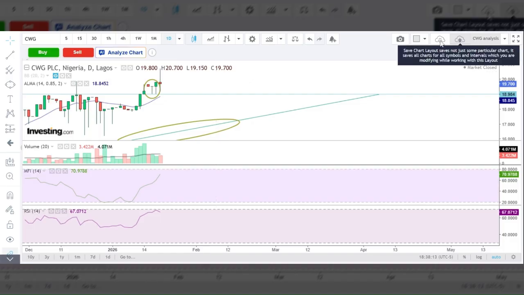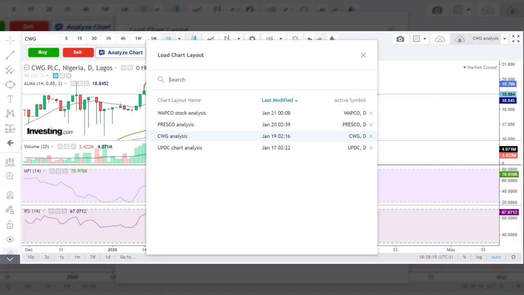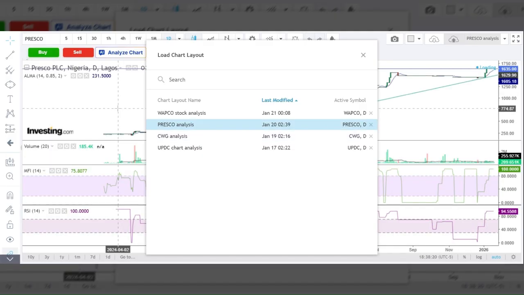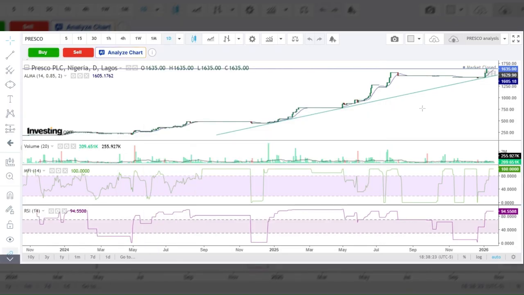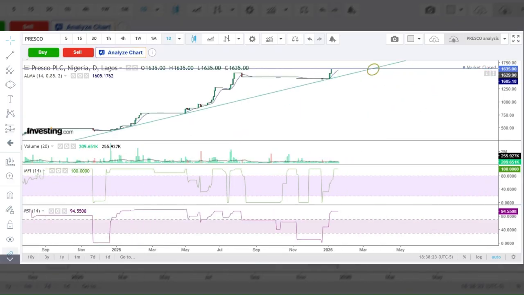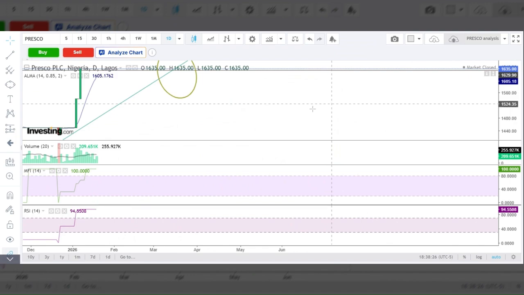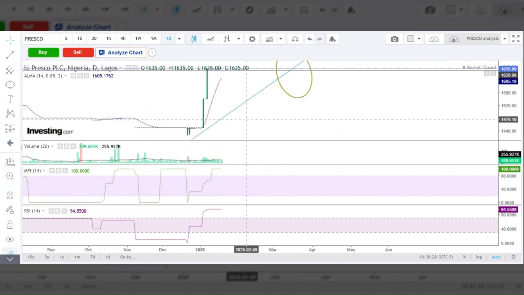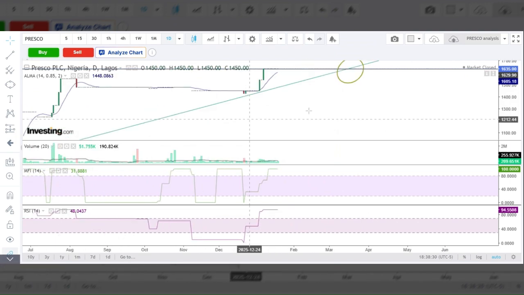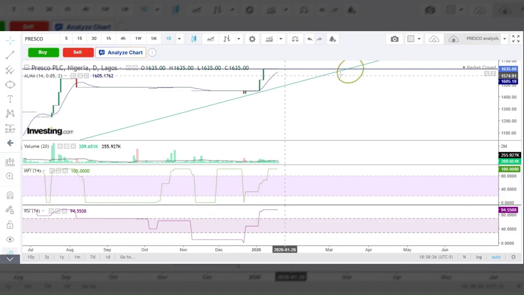Let's quickly see. Maybe Presco should have something happening. Okay, Presco. I think Presco is still on another side trend. Yeah, still no price movement today. Just another side trend. So this way I drew a circle.